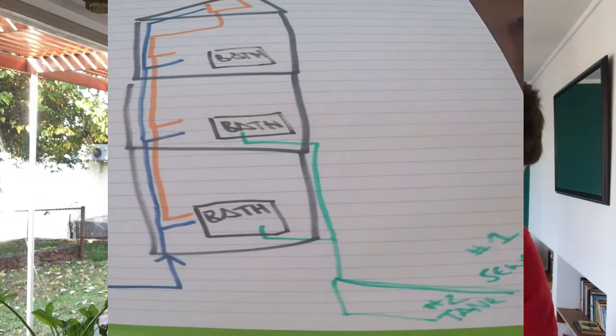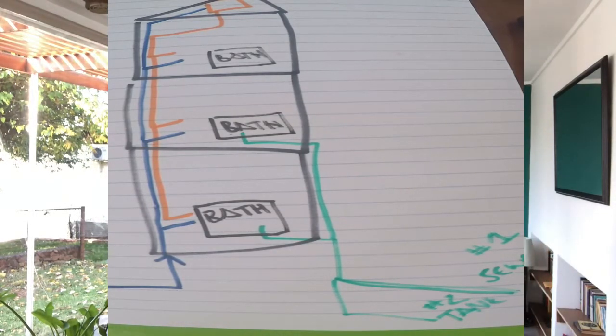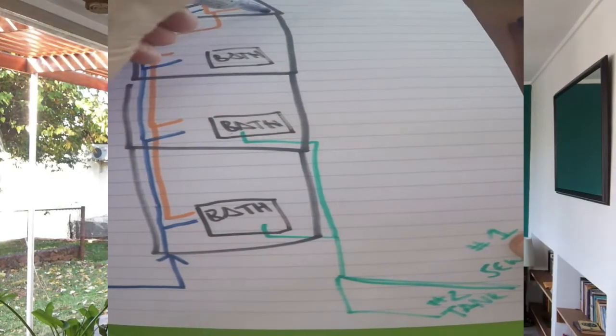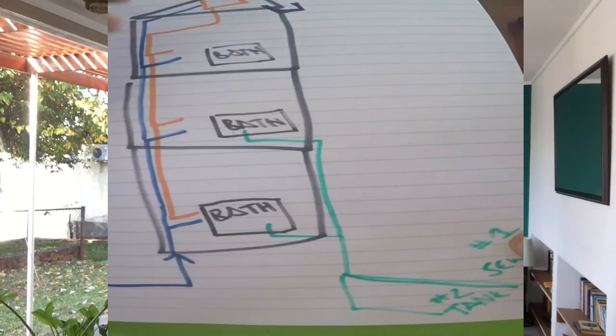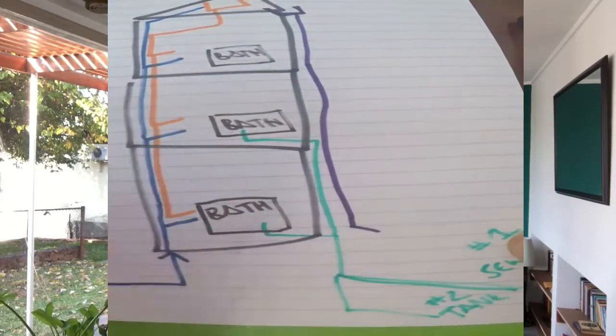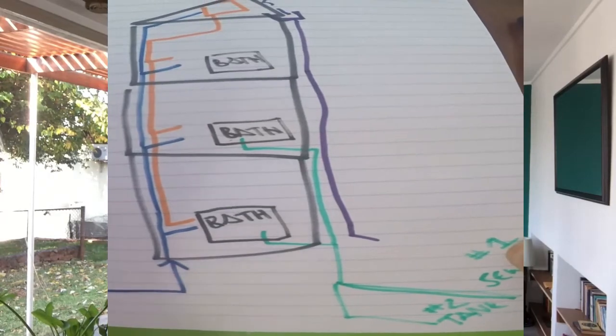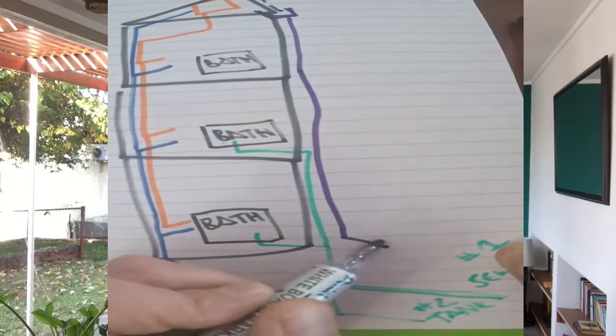Then we've got a fourth system, and we would call it stormwater or rainwater. I've got a gutter over here, and on that gutter I've got a pipe that collects my rainwater, and as it rains it's discharging water.